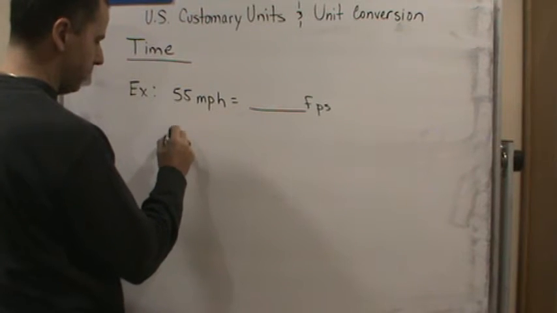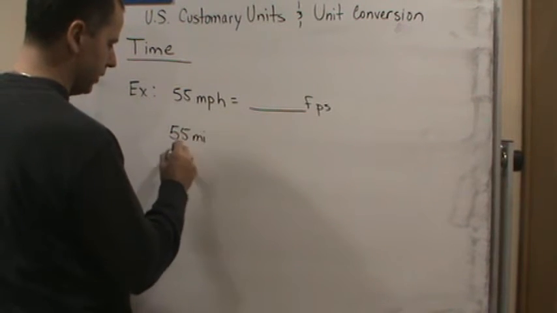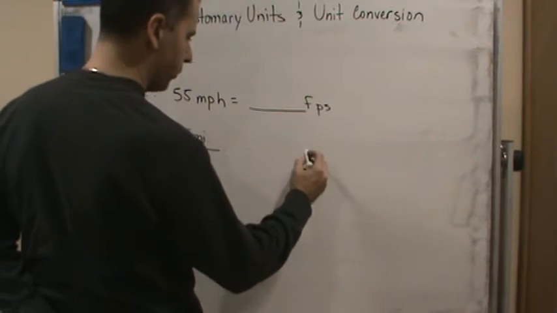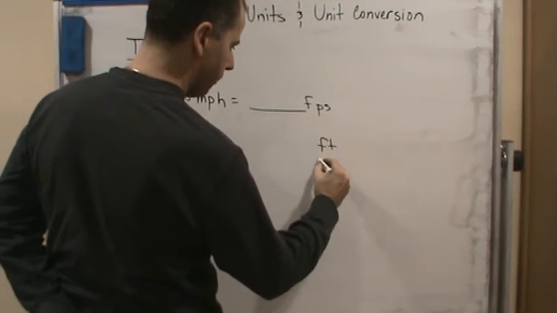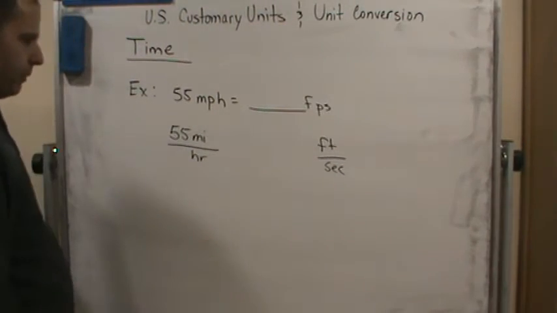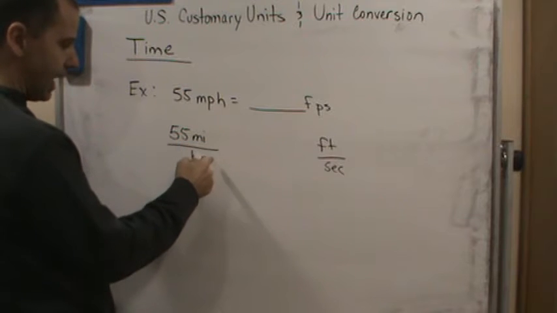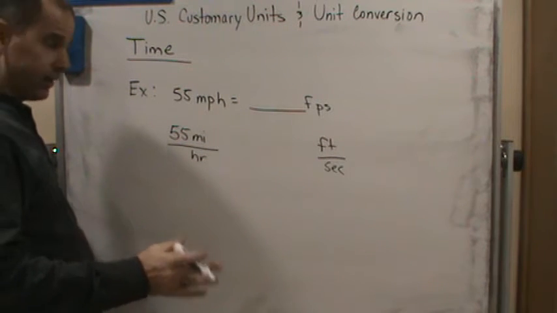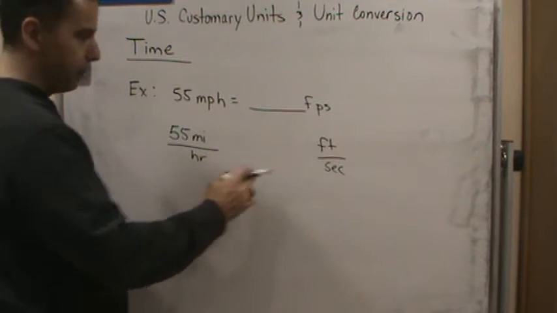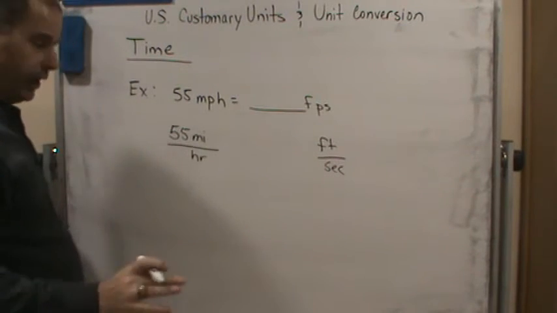So this is going to be 55 miles per hour. And we want feet per second, so we need feet on top, seconds on the bottom. Right now, we've got miles on top and hours on the bottom. As long as we keep track of our units and end up with feet over seconds, we're good.